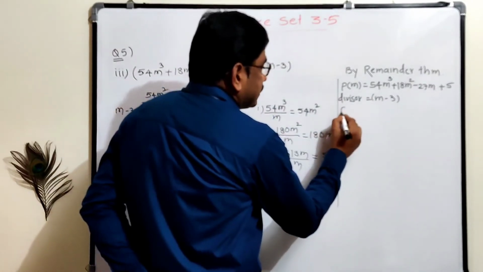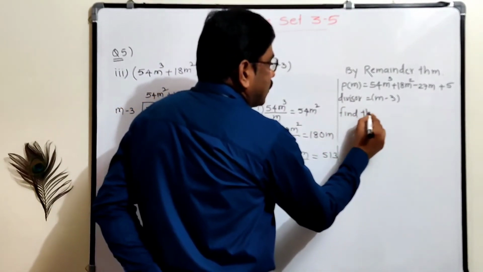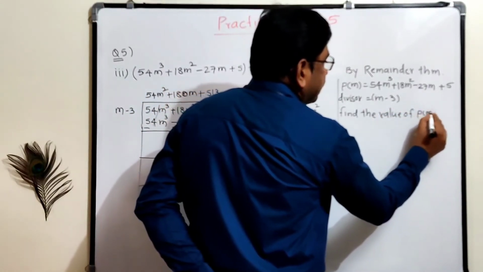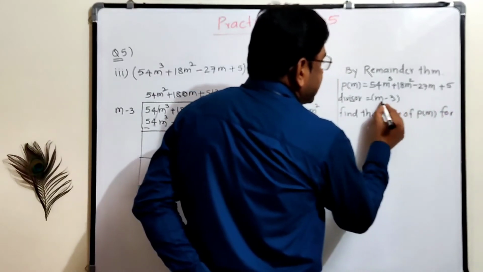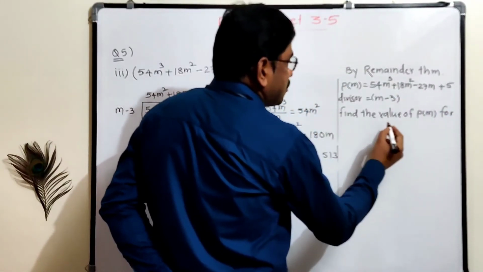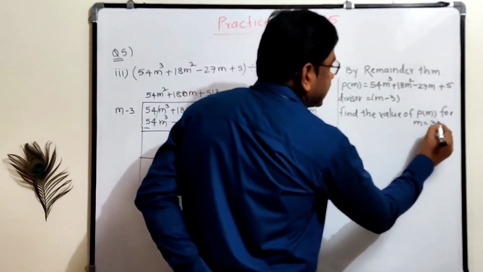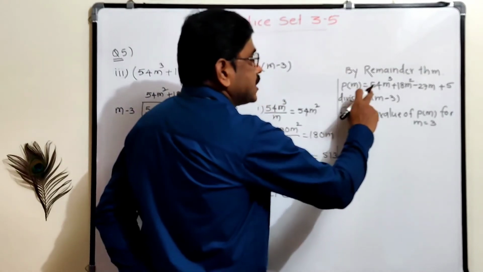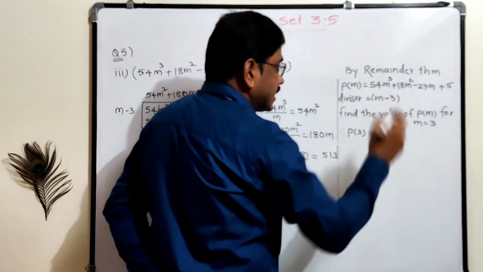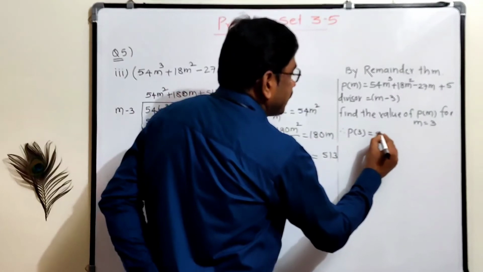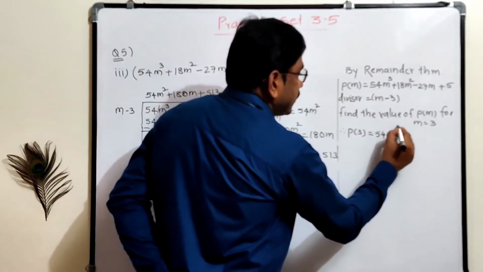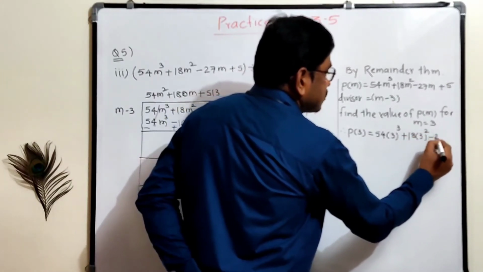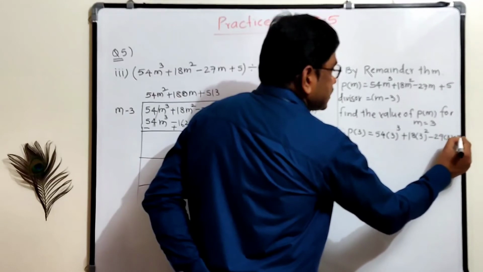So find the value of P(m) for m is equal to 3. Minus 3 is there, so its opposite, for m is equal to 3. So we get, therefore, P(3) is equal to, substitute 3 where there is m. 54 into 3 cube plus 18 into 3 square minus 27 into 3 plus 5.